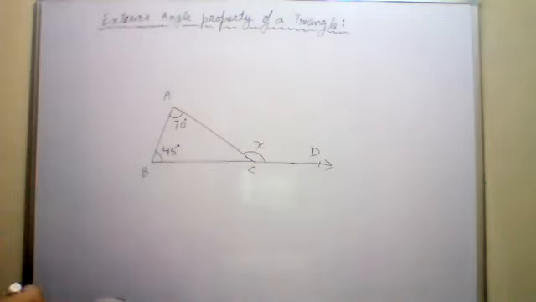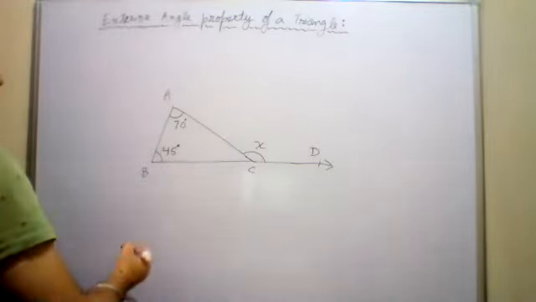Got two answers, correct. The value of x is 115 degrees. 115. So what is the property?